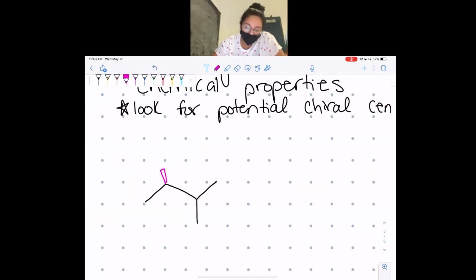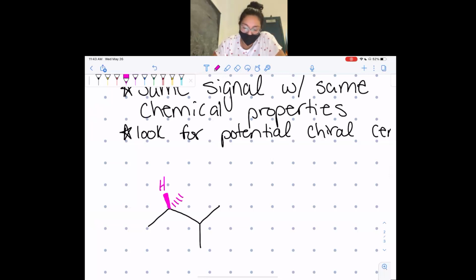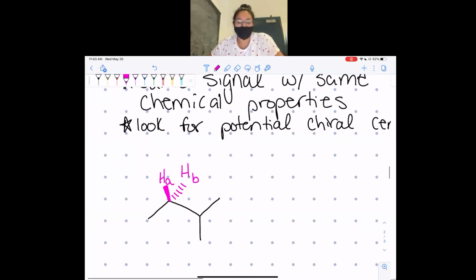So when I zoom in, I'm going to have this hydrogen and this hydrogen, and let's call that HA and HB. So HA and HB are on the same carbon, and they're both hydrogens, right?